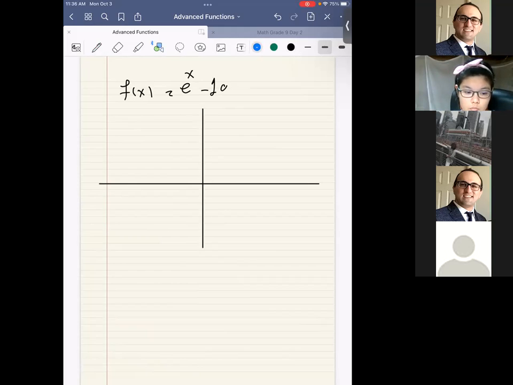Negative 10, right. So imagine that this is negative 10, so it's something like this.